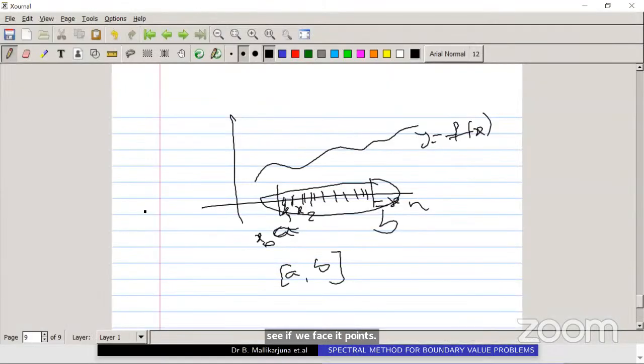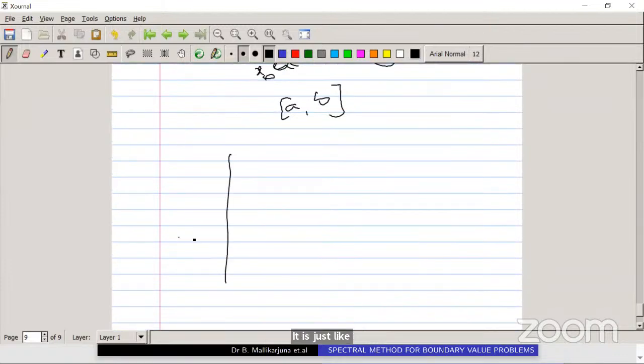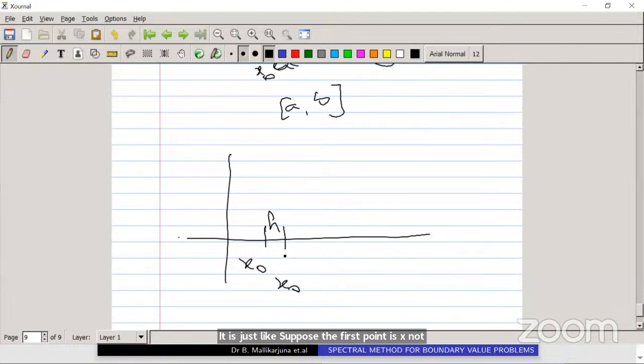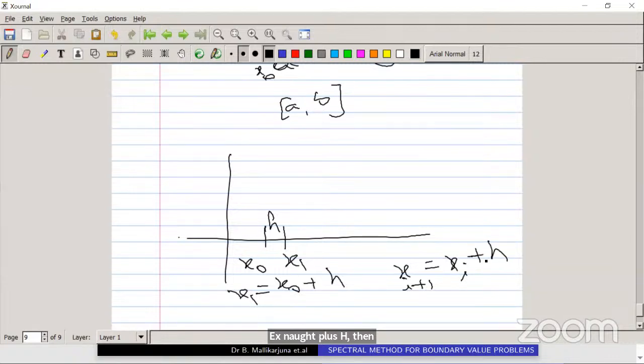It is just like, suppose the first point is x0, take the common difference h. So x1 is x0 plus h, then finally x i plus 1 is x i plus h. So the starting point is A, the ending point is B. How many intervals? Then h is equal to (B minus A) by n.